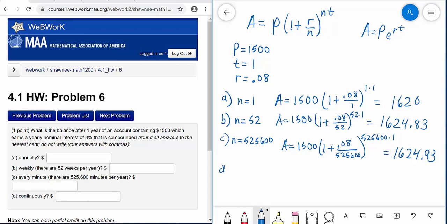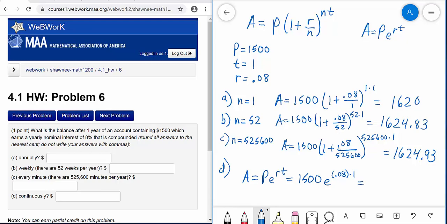So this is kind of leading up to part D. When we have continuously compounded interest, this would simulate letting n go to infinity. So letting n be extremely large, you would get the same as when we use this formula for continuously compounded interest: P times e to the rt, 1,500 times e to the r, which is 0.08, times t, which is 1.